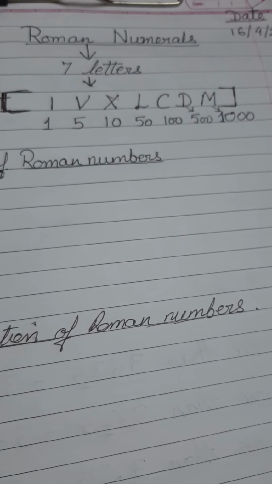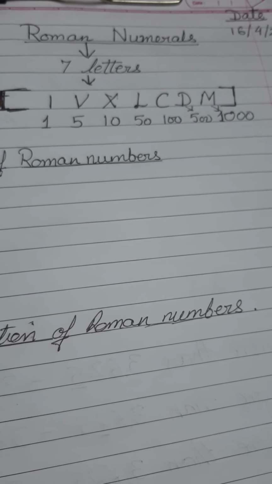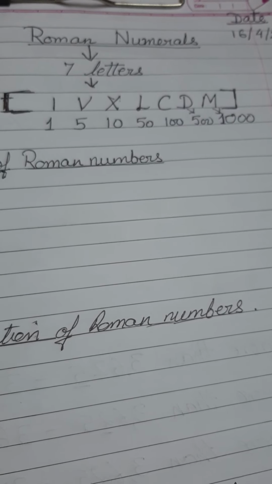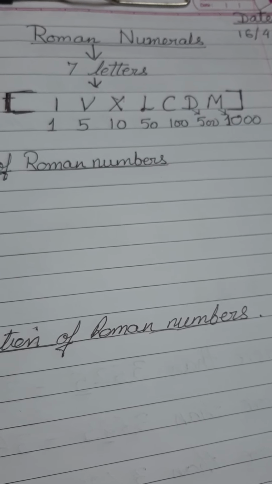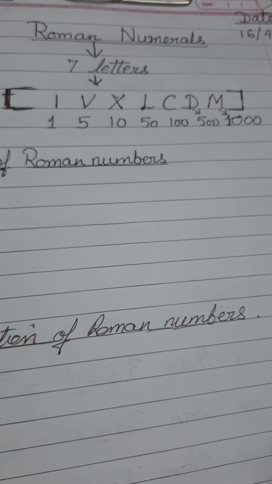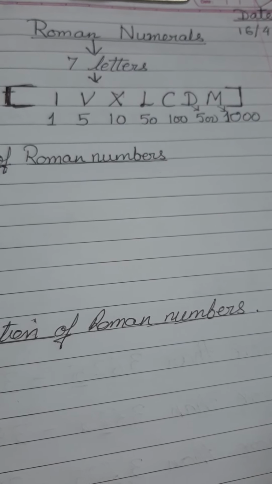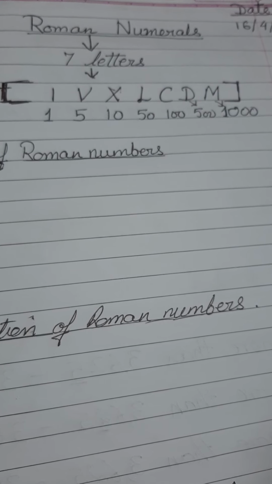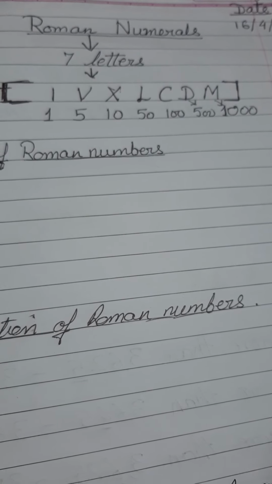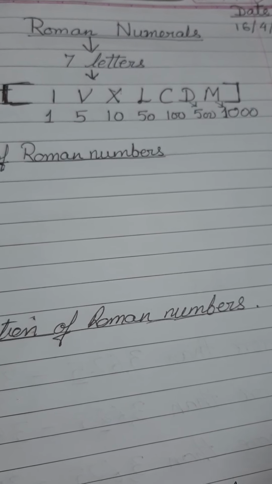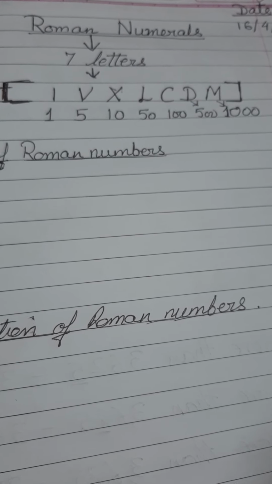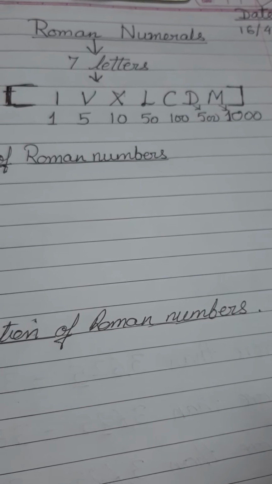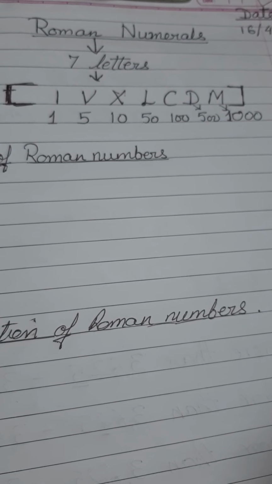Today we are going to do addition, subtraction and ordering of Roman numbers. I am sure you all must have seen the video that I had posted on Roman numbers and must have gone through all the Roman numbers and learned the rules associated with them.